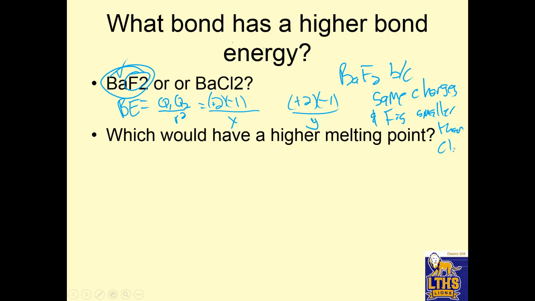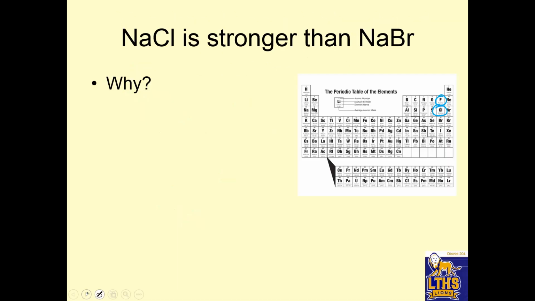Which would have a higher melting point? A higher melting point would be the one with the stronger bonds. Remember? Which one has stronger bonds? Well, we just said it's BaF2. NaCl is stronger than NaBr. Here's Cl. Here's Br. Why? Cl is smaller.